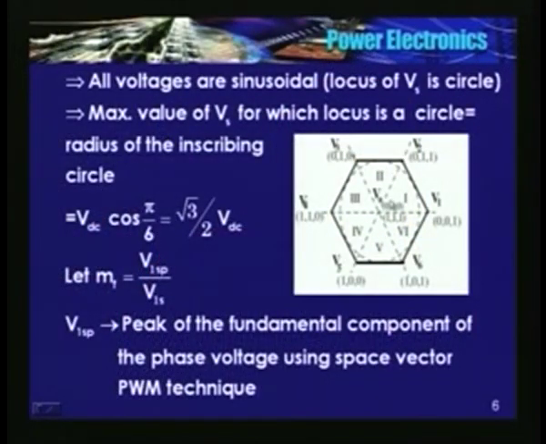How do I determine? See here, right, the maximum value of Vs for which the locus is circular is the diameter of the encircling circle, okay. So the radius of this circle is the length of Vs for which all three voltages are sinusoidal, okay.